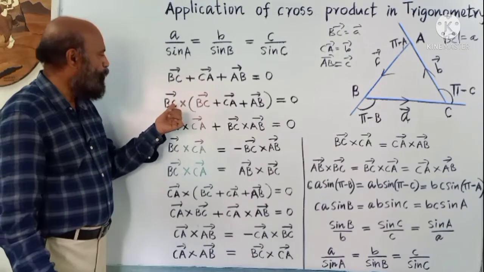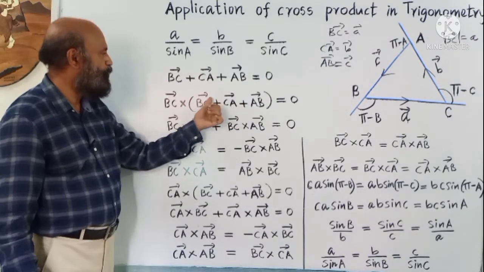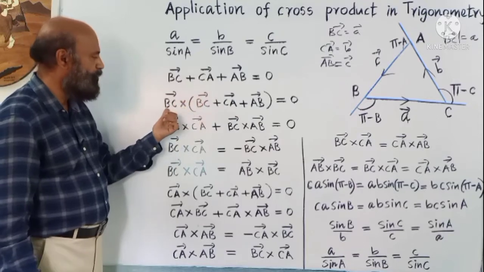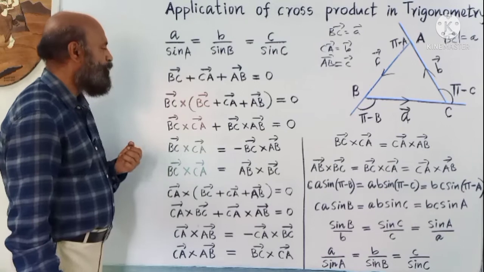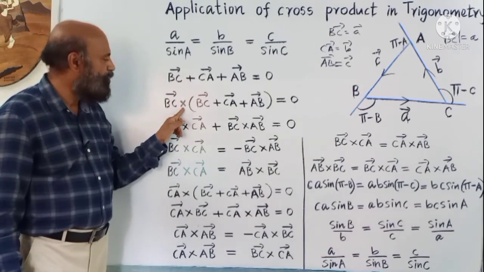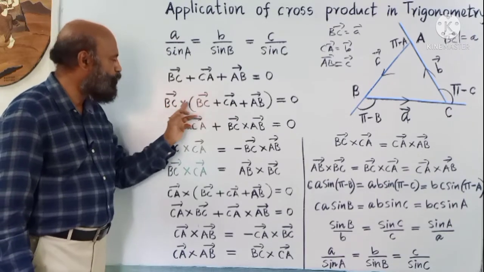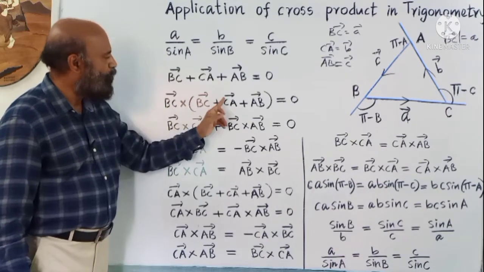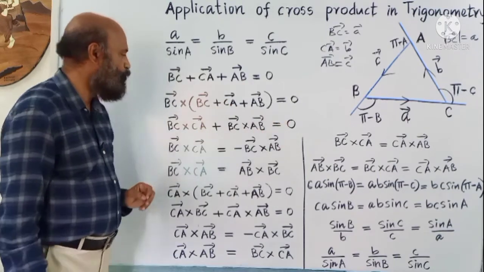Now you take the cross product of BC plus CA plus AB with the BC vector, which is equal to 0. Now you remove the bracket. BC vector cross BC vector is 0, because the cross product of two equal vectors will be 0. Next, BC cross CA plus BC cross AB is equal to 0.